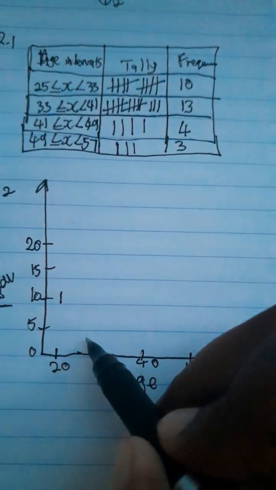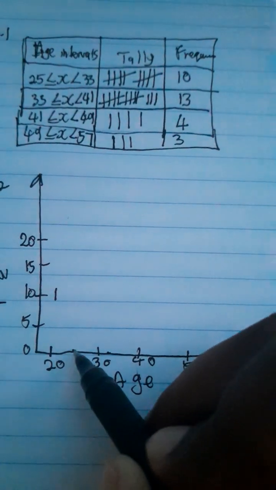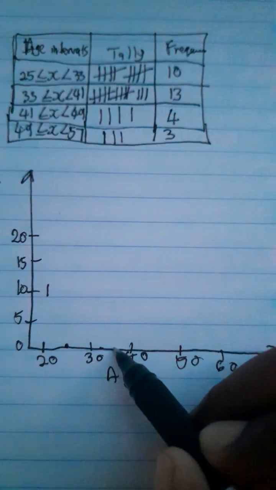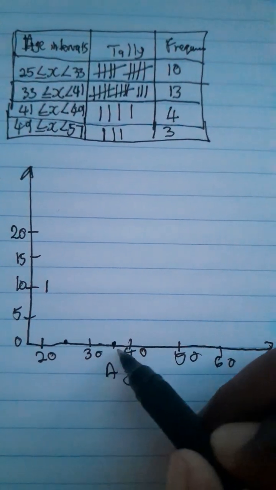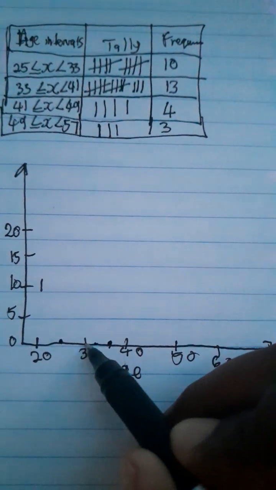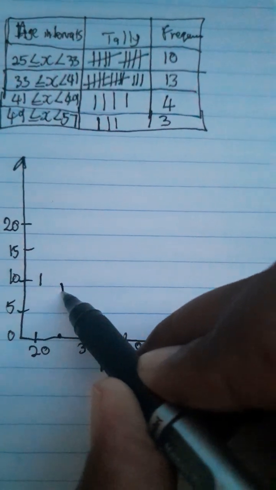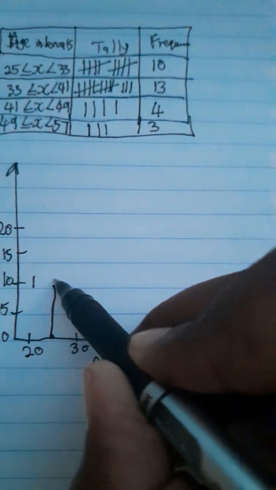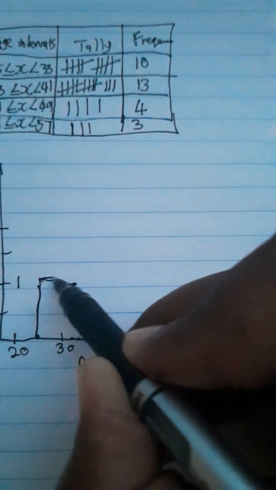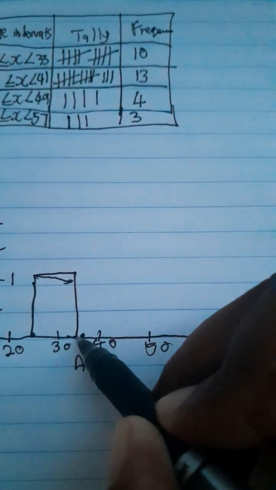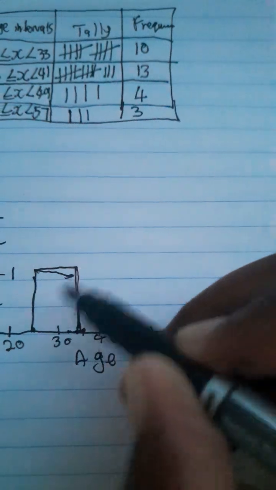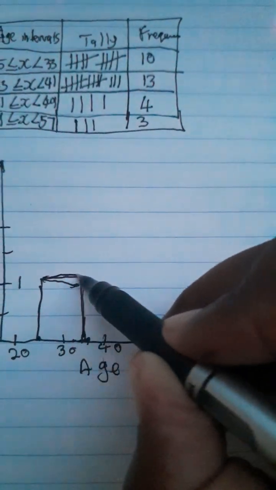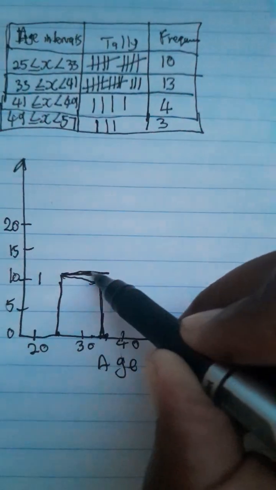So 25 is somewhere here, and 33, 30, 31, 32, 33. So yours will be accurate. You're going to use a ruler, guys. So this will be my 33, to 10, right?